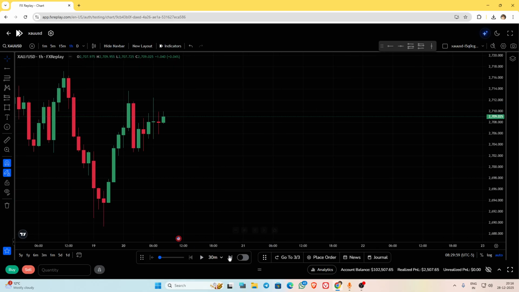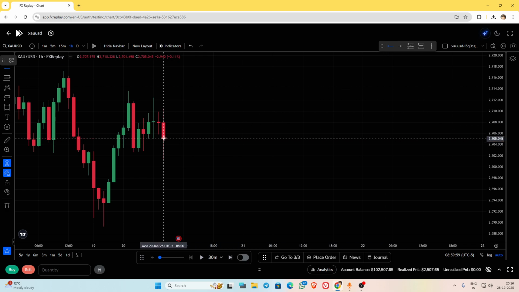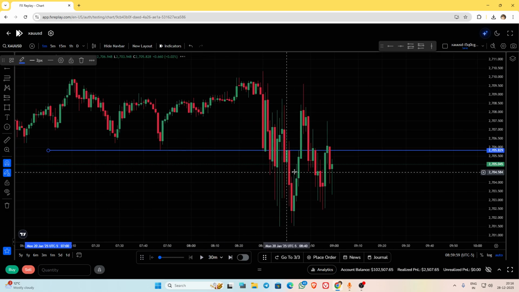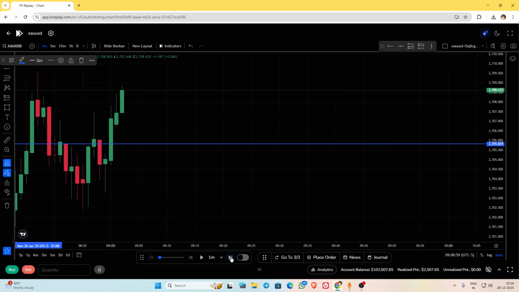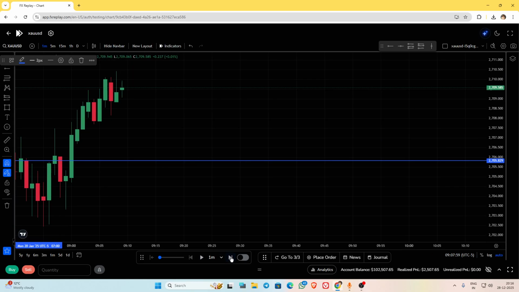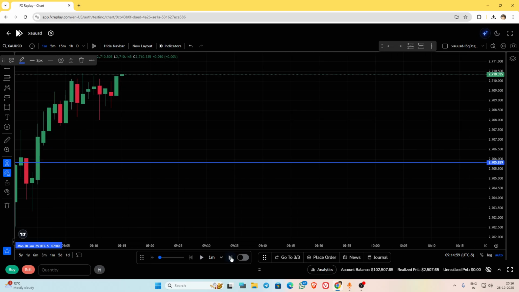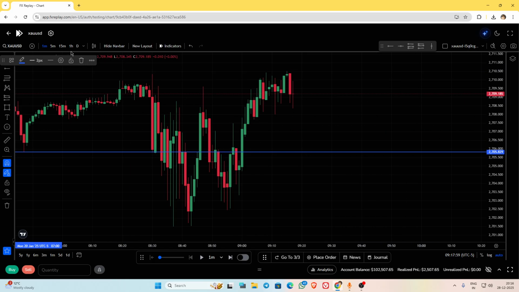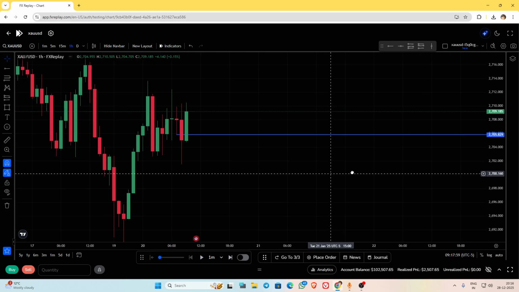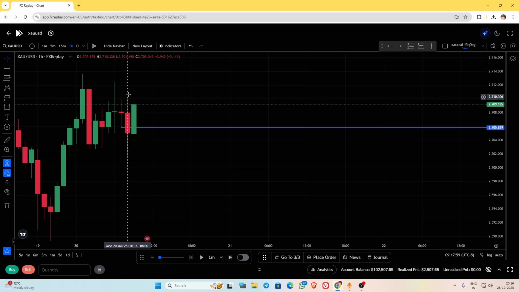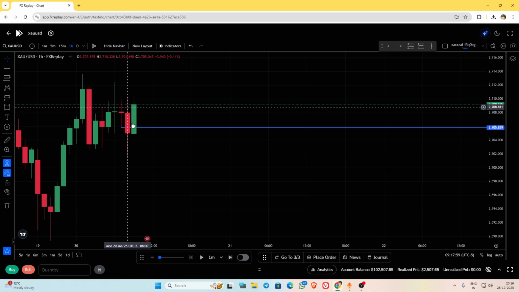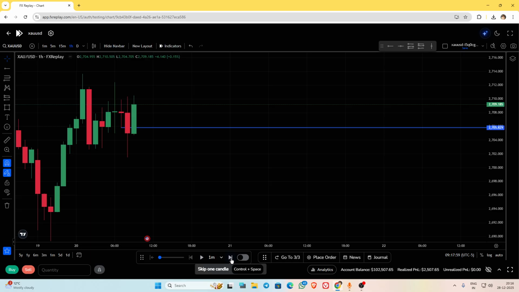8:30, wait for candle close on either side. Okay, we closed below the 7 a.m. candle. Let's hope we will find a trade. Waiting. Okay, so whenever the market goes too much towards the high of this previous candle, if this closed bullish and market is going towards the highest point, then there is no need to take a trade.